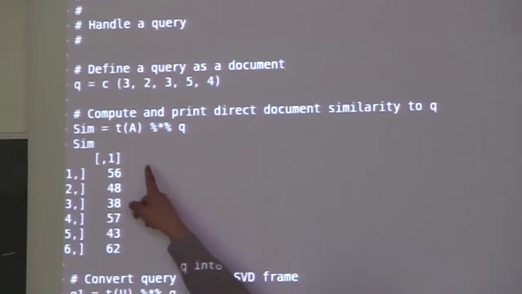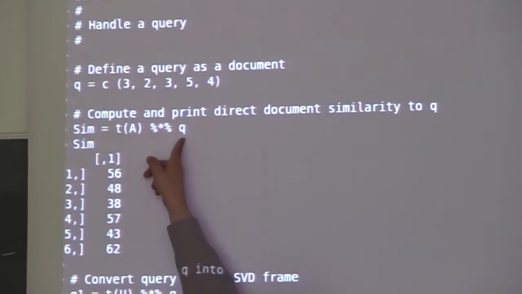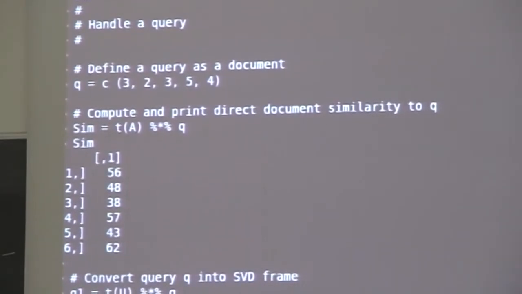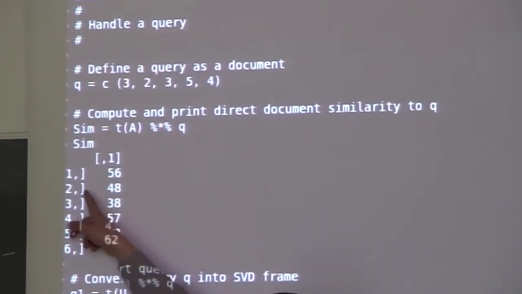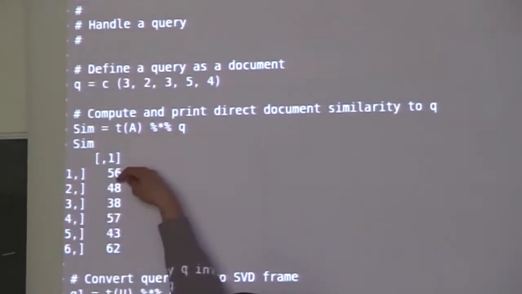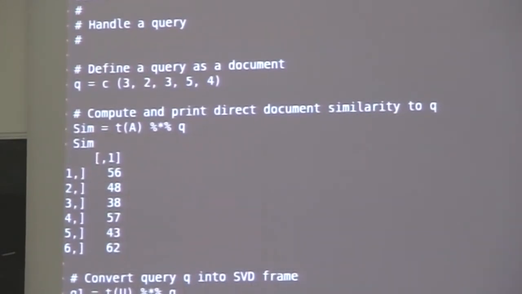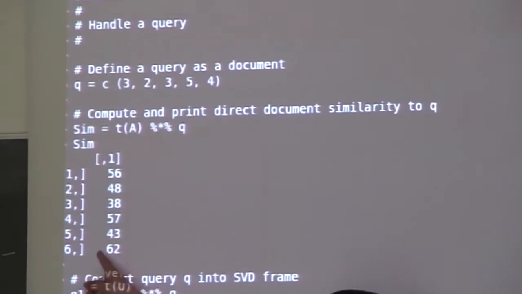We know that we just have to compute A transpose Q, and we get the vector of all similarities. So we know that the similarity between document 1 in our corpus and the query Q is 56, and so on. In particular, document 6 is the most similar.